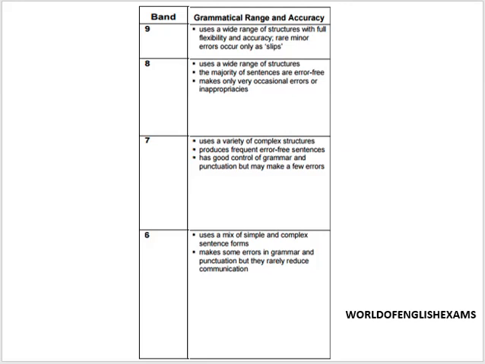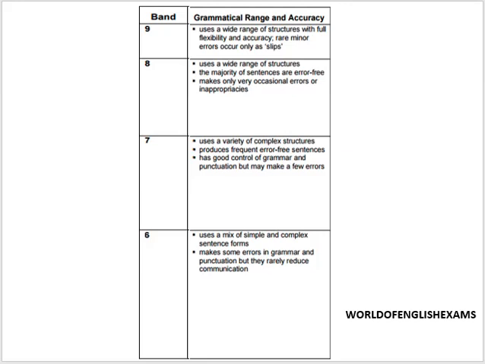So there are various types of sentences like simple sentences, compound sentences, complex sentences, passive sentences, active sentences, conditional sentences, and using subordinate clauses. So you have to do all this, guys. You have to show that you know the grammar perfectly and appropriately in order to get a higher band score. However, if you are using a mix of simple and complex sentences, then the score would be a 6.